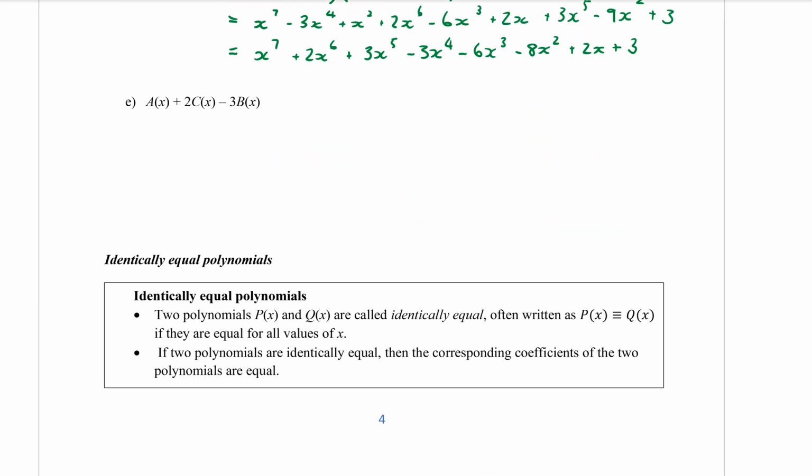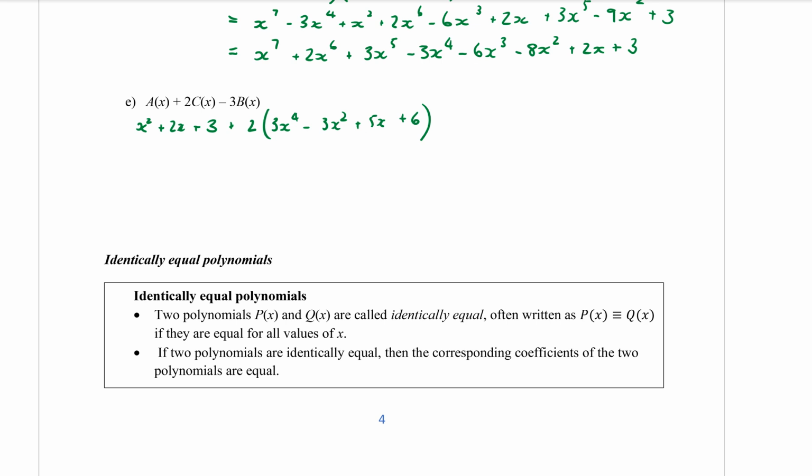This has got quite a few things involved. We want to do a of x, which is x squared plus 2x plus 3. 2c of x means we want to times 2 by the c of x function, which was 3x to the 4 minus 3x squared plus 5x plus 6.